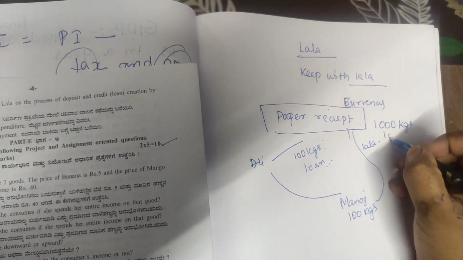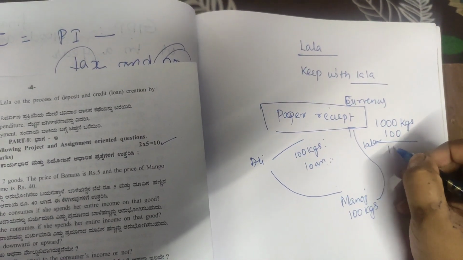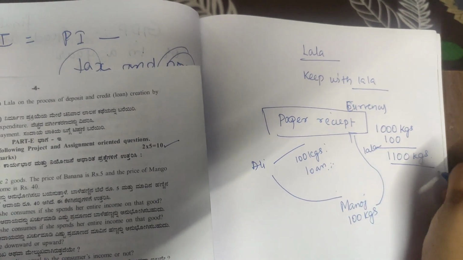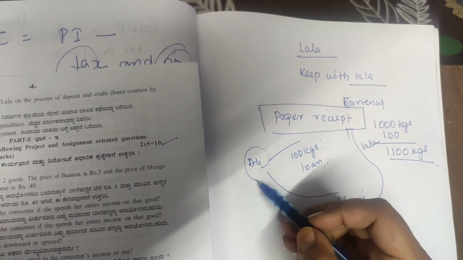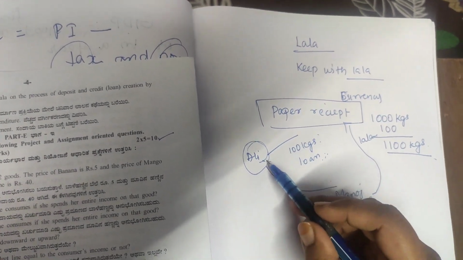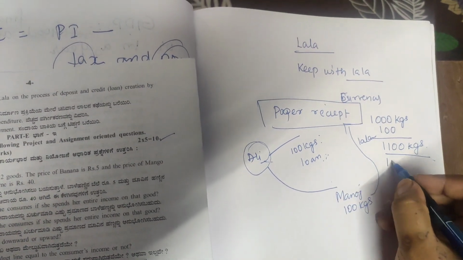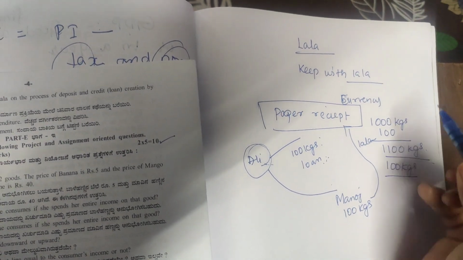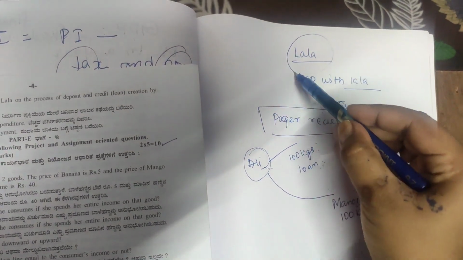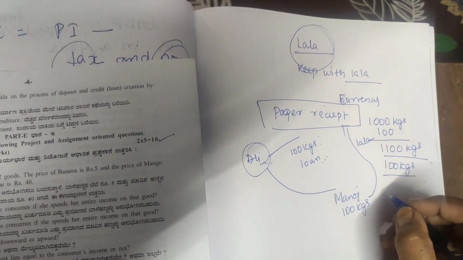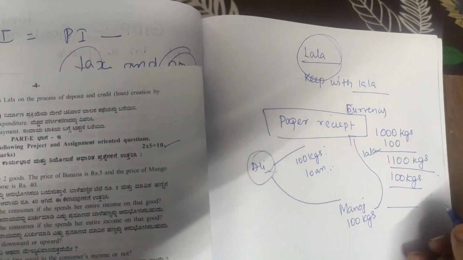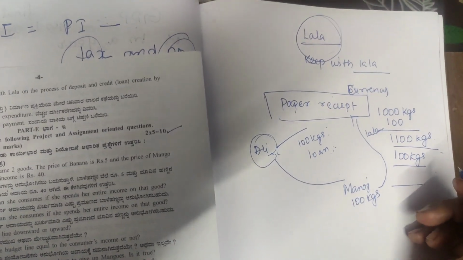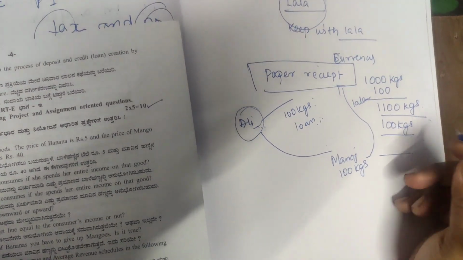By that, he has created 1100 kg out of a thin layer of air, doing nothing. Along with that, Ali now has to pay 100 kgs more of gold as loan interest to Lala. So Lala has created money out of a very thin layer of air, which is the same thing modern banking is doing today. I hope you are clear with the concept.